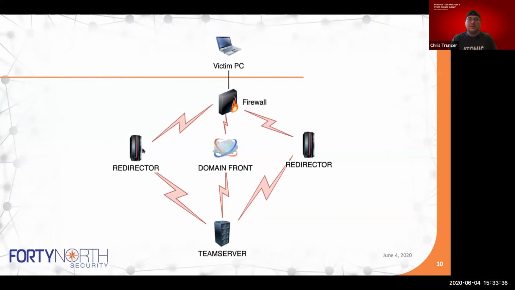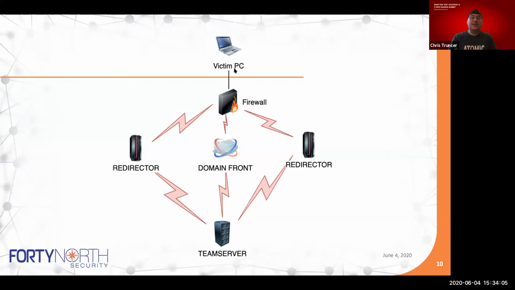The team server, where my command and control server is, will respond with, let's say I wanted to take a screenshot, that command back to the redirector, which will then forward it back to that victim PC. So the redirector is basically almost a man in the middle, just forwarding traffic from the victim to the team server and back, preventing that direct connection.